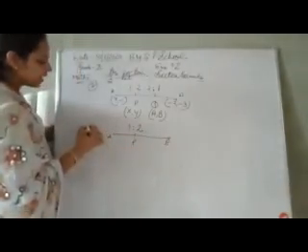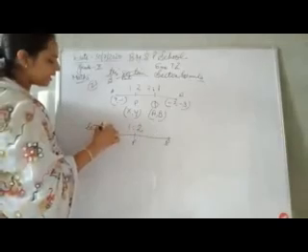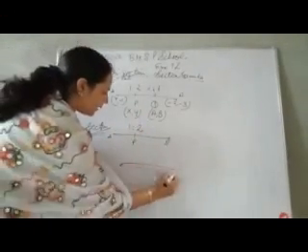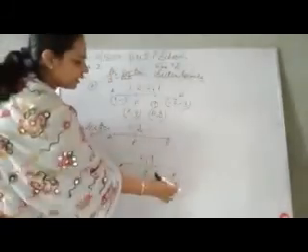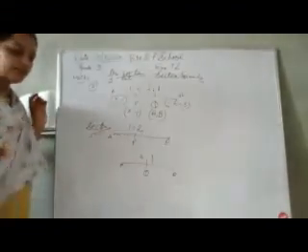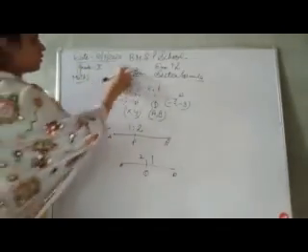I will apply the section formula and I will get my answer here. For Q, I will write AB, Q in 2:1, with the coordinates here, and I will solve by the section formula. I will find the values of x and y. You can solve it very easily because I have already told you the section formula.